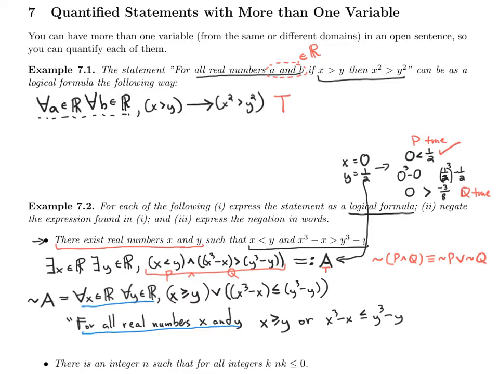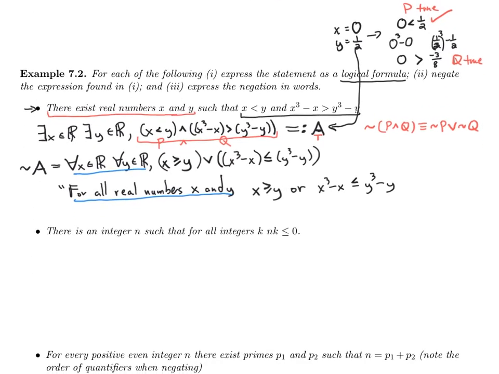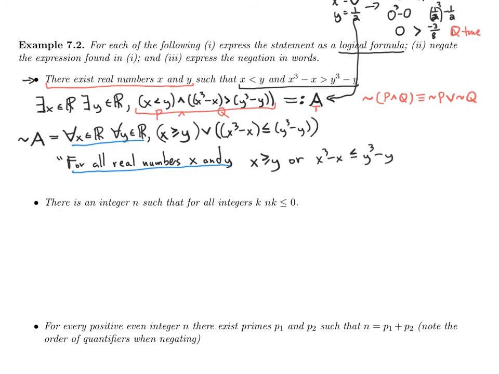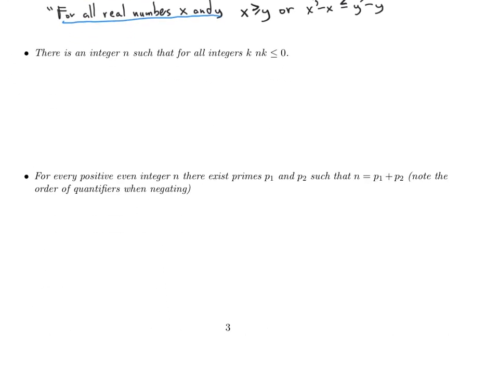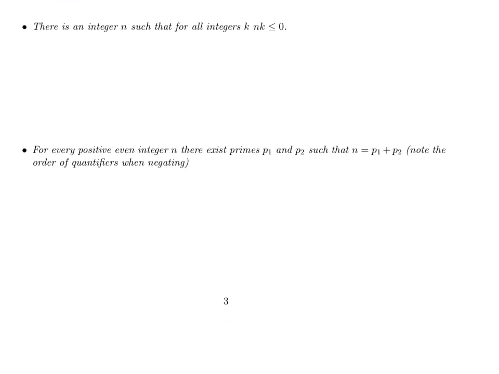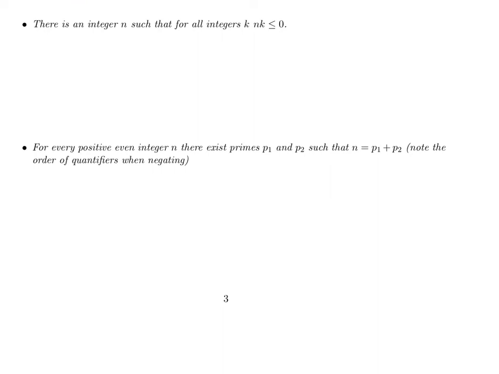So now, let's do a few more examples. Let's scroll down here. You'll notice something different with these. The first one is doubly quantified.